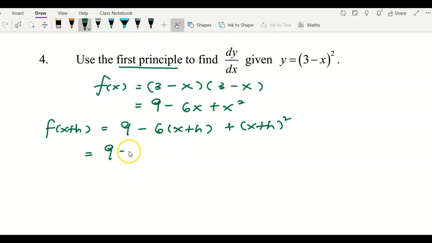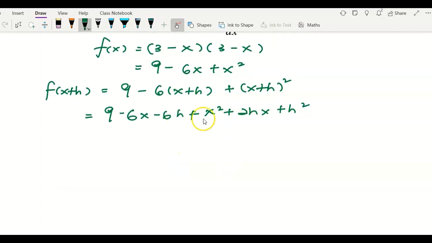When we substitute into the formula of the first principle, here I got 9 minus 6x minus 6h plus x squared plus 2hx plus h squared. Alright, now if there's any like term, we can simplify.